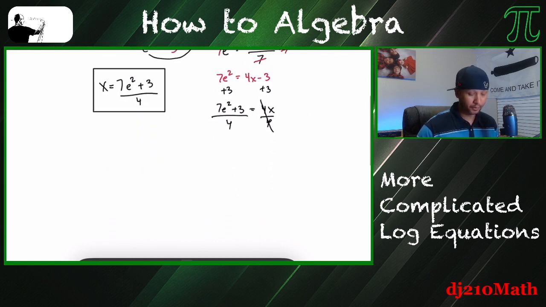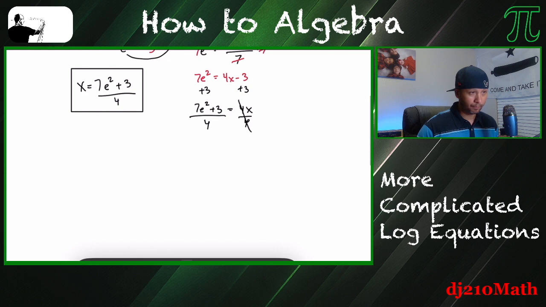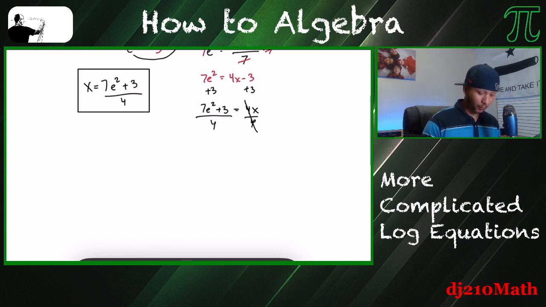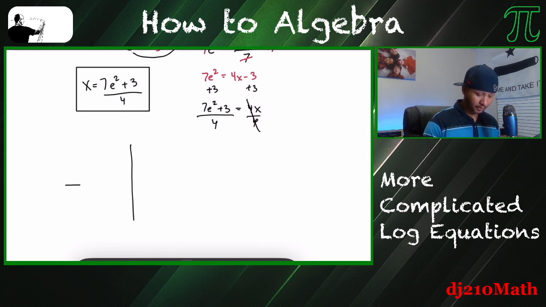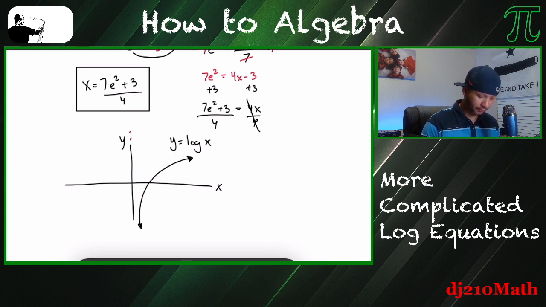If you are unclear on why it needs to be positive, think of how the log function looks and the domain of the log. Any input, the x value, you can choose any x value you want.